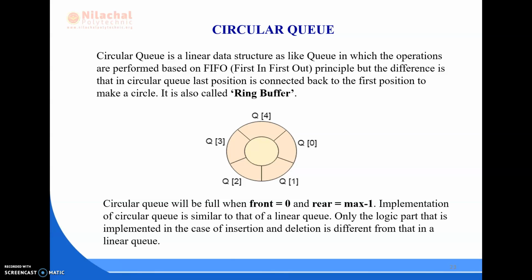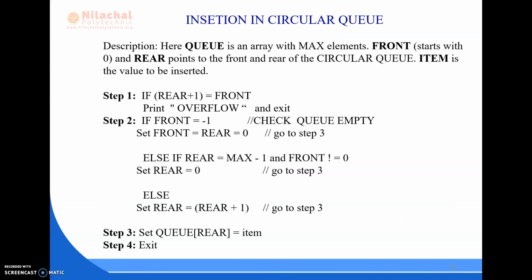The only logic that differs is the case of insertion and deletion. So now we will see how insertion is done in a circular queue so that we don't get the disadvantage that we used to get in the linear queue.